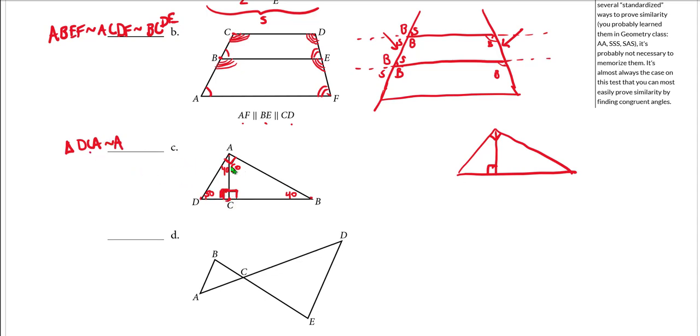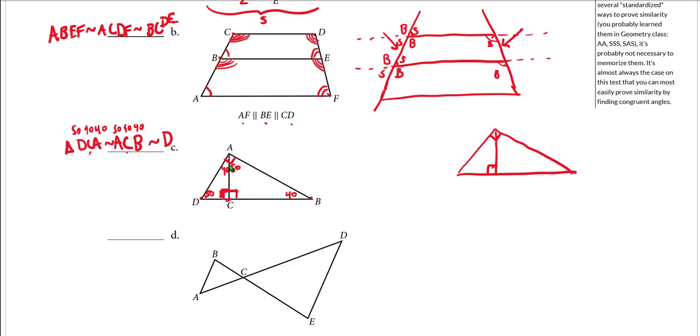So the 90-degree angle in this medium triangle is also the C. So that's A, C, B. So again, D was the 50 degree, C was the 90, A was the 40. Same thing over here, 50, 90, 40 in that medium triangle. And then the big triangle, the 50-degree angle is D again.